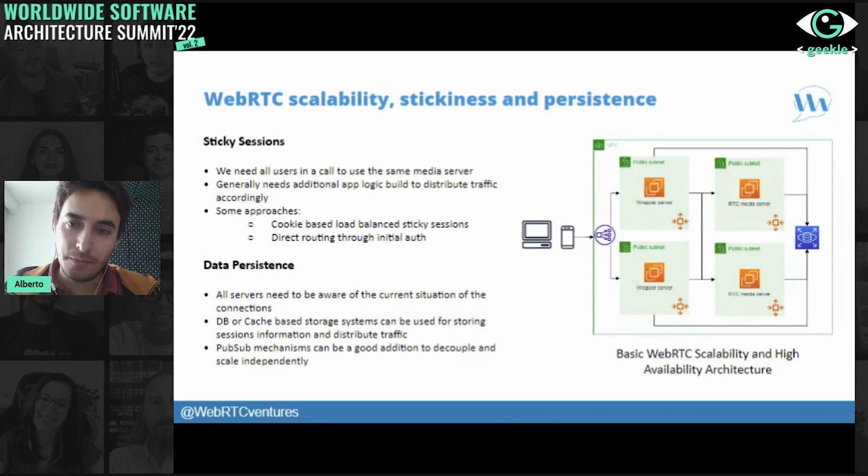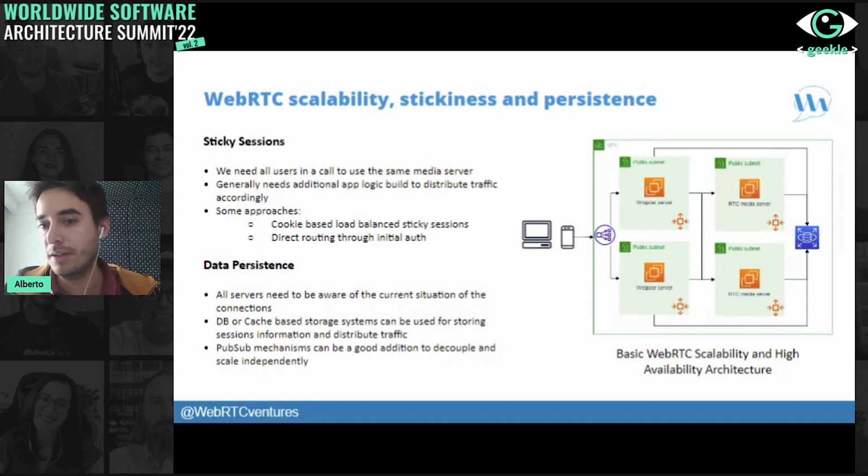So there are two important points that I wanted to mention when building a scalable WebRTC solution: stickiness and persistence. We can have sticky sessions, and there are two ways that we have used in the past. We can use cookie-based load balancer sticky sessions.